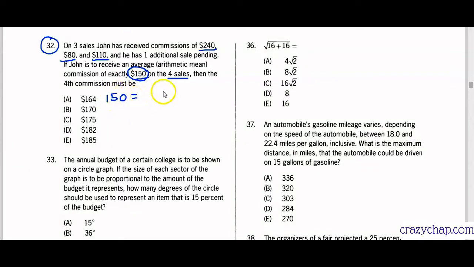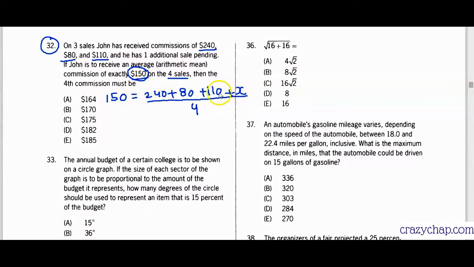To find the average, we add up the 3 sales. So 240 plus 80 plus 110 plus X, where X is the fourth sale. And their average is 150 as per the question.